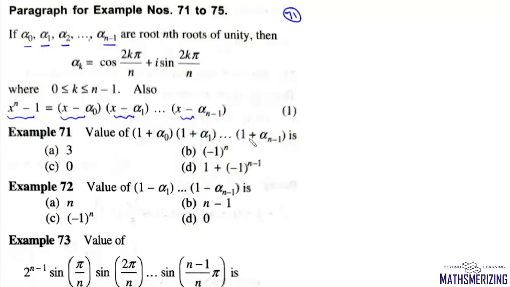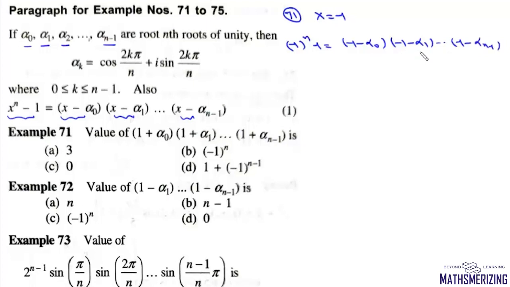And for that what we'll do is, we'll put x as minus 1. Now if we put x as minus 1, on the left hand side we'll get minus 1 to the power n minus 1, which will be minus 1 minus alpha naught, minus 1 minus alpha 1, up to minus 1 minus alpha n minus 1.